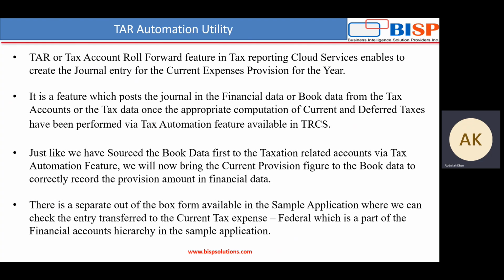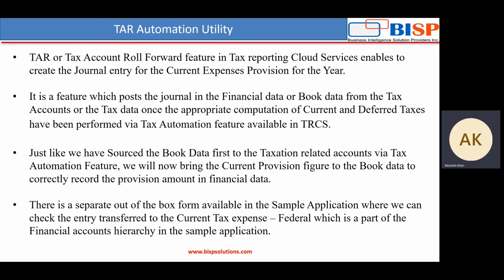It is a similar process to what we did in the first place. So in the tax reporting cloud services, first we moved certain book data by creating the tax automation rules to the taxation accounts, namely the permanent differences accounts and the temporary differences accounts, in order to create the appropriate current provision for the current period.